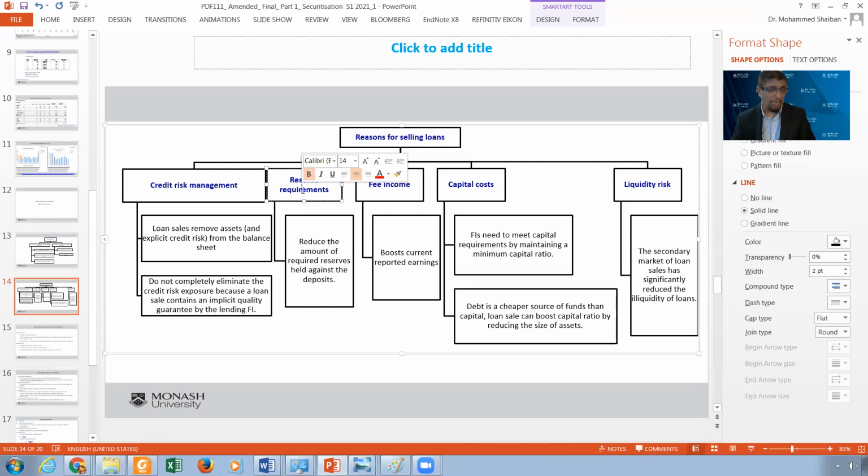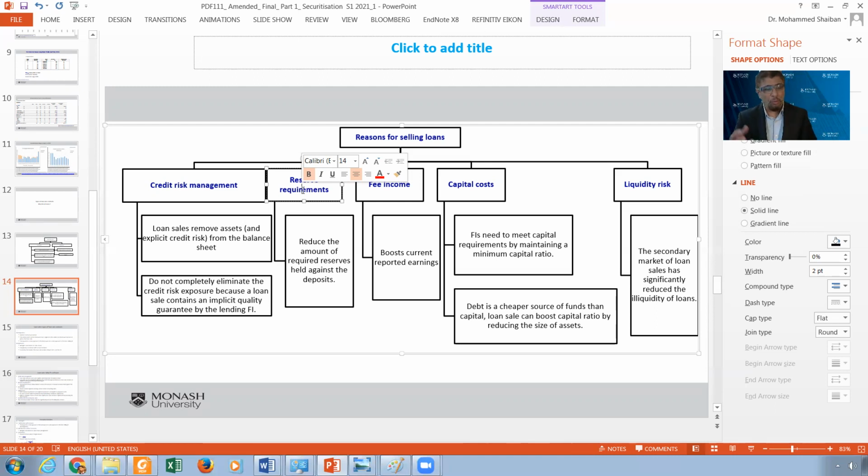Now, central banks do this to manage the supply of money and to be sure that if there is a collapse or whatever, they have some reserve to protect the customers.